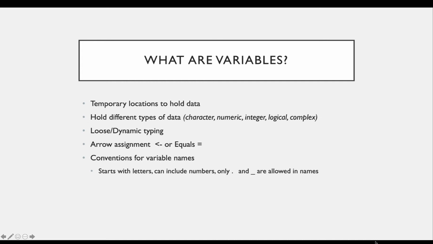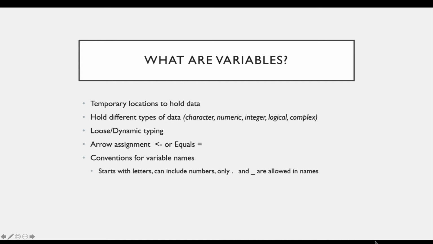Variables are temporary locations in a computer's memory that are used to hold data. Think of it as a manner in which data can be stored and manipulated in your program or script. There are lots of different types of data that we use. Characters, for instance, let's say we want to hold names, are characters.